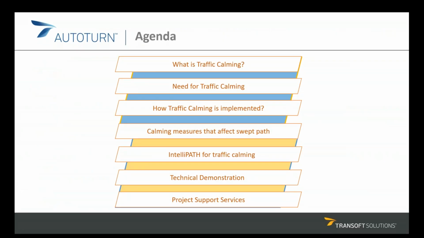So here goes the agenda for today's webinar. I will start the presentation by explaining a bit about what traffic calming is, the need for traffic calming, and how it is done. After which, we'll briefly go over the major traffic calming measures that affect the swept path of a vehicle, and also explain the advantages of using the IntelliPath tool in AutoTURN Pro to analyze traffic calming.